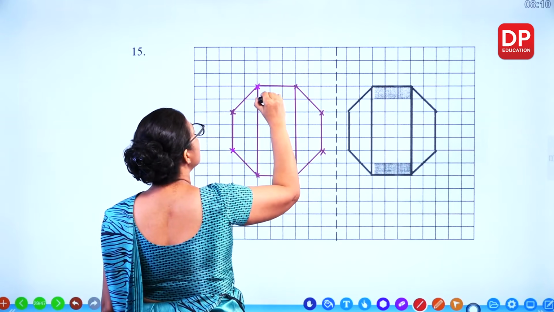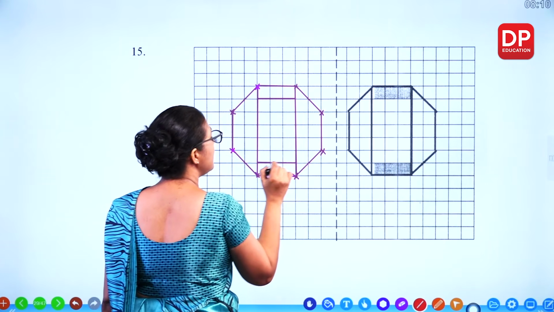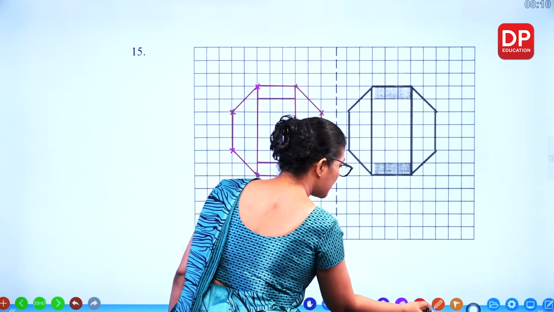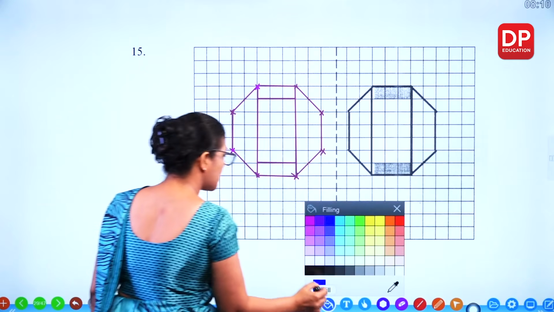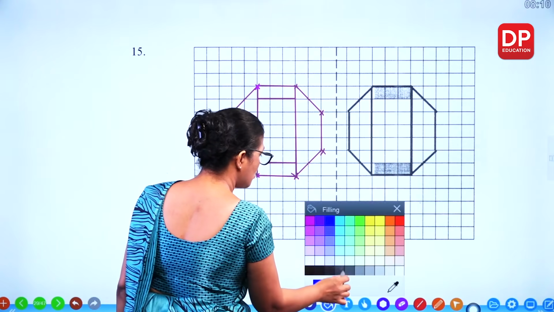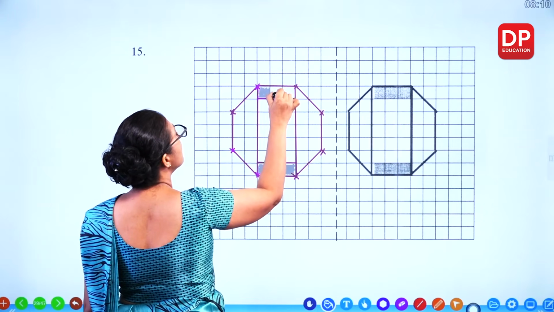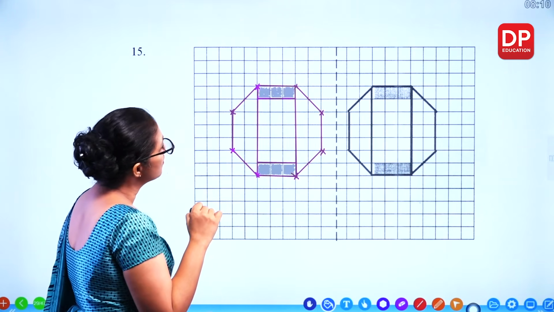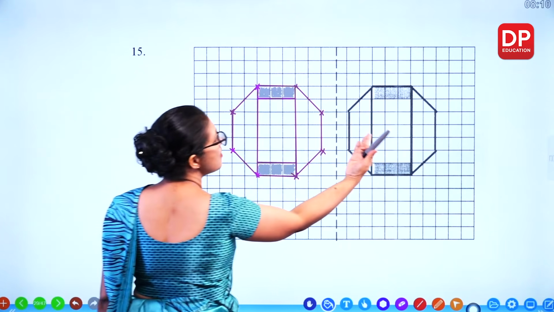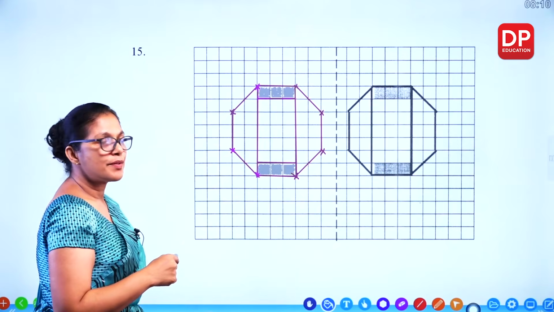So we can draw a line here and another line here and shade this part. So I can shade this with ash color. This part and this part. So something like that. So that's the symmetrical figure to this axis of symmetry.